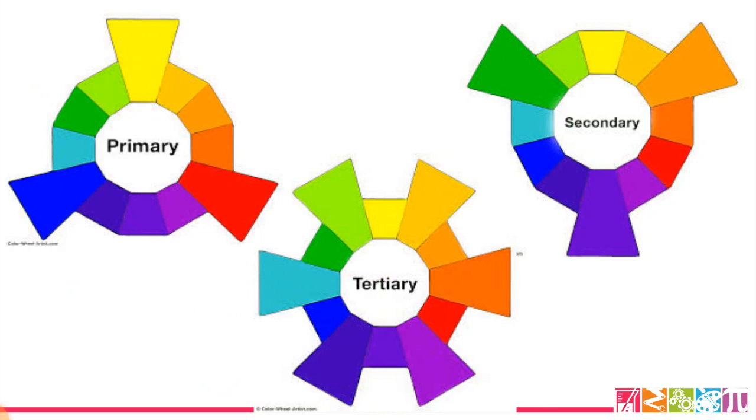So sir, to come up with a secondary color, you just need to mix two primary colors. So therefore, if we mix yellow and blue, the result is color green. If we mix yellow and red, we'll come up with orange.